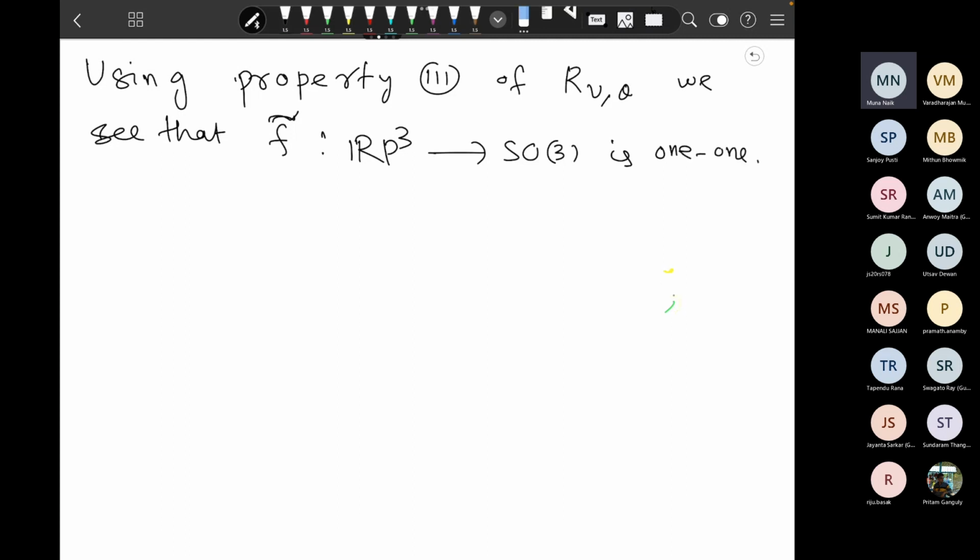So we get that f tilde is a continuous one-one and onto map.